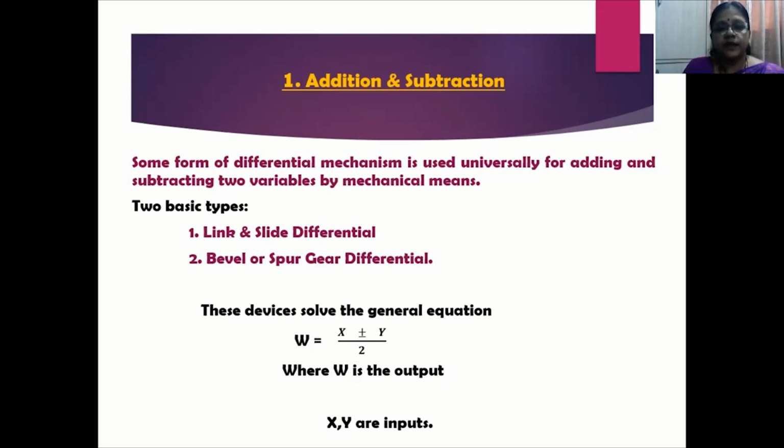So if x and y are 2 variables given as inputs to the mechanism, then we can derive an output W as (x plus or minus y) by 2.